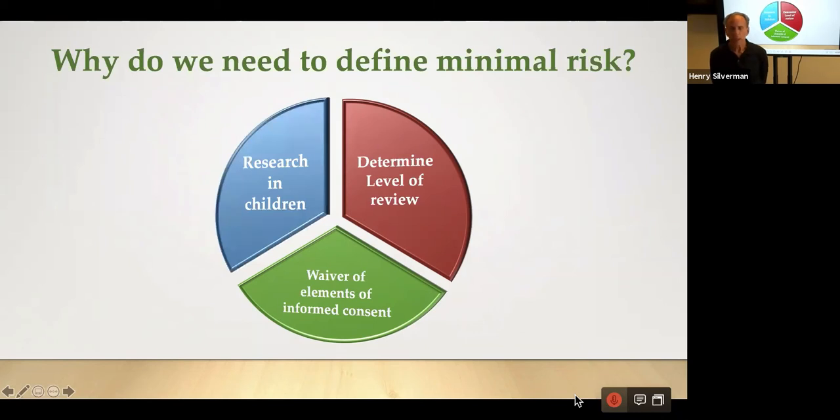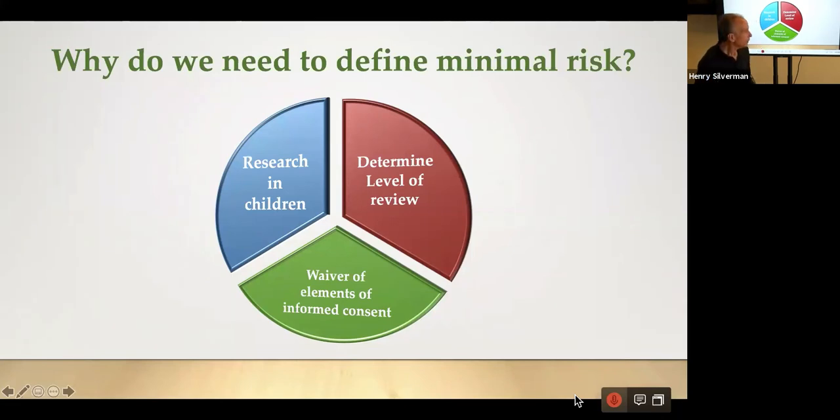And then research in children, as we'll see when we go over the regulations in children, which types of research are permissible in children may depend on a concept of minimal risk.